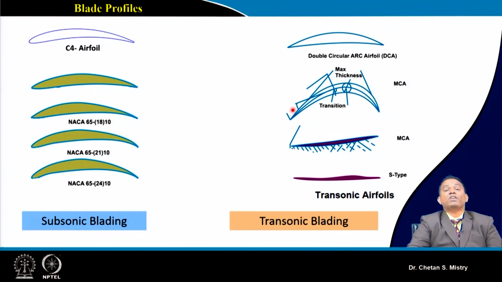So we will have a combination of different circular arcs that will be used to make the aerofoil. And in this case, my maximum thickness has flexibility. I can move the maximum thickness towards my leading edge, or I can move it towards my trailing edge. This is the flexibility with the multiple circular arc aerofoil.